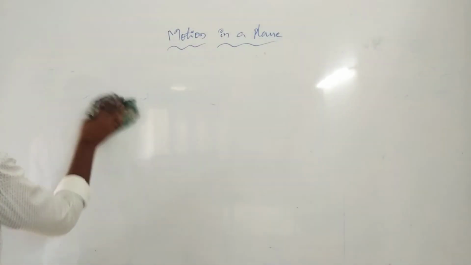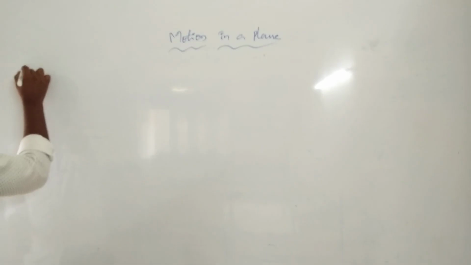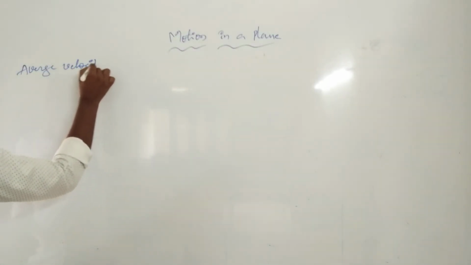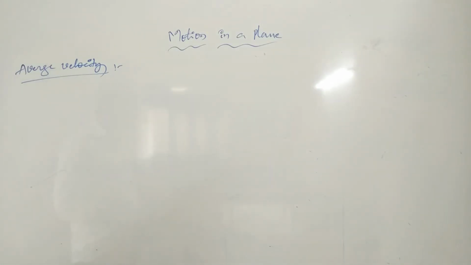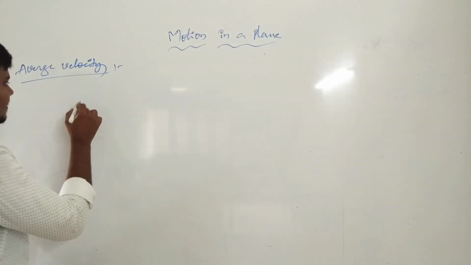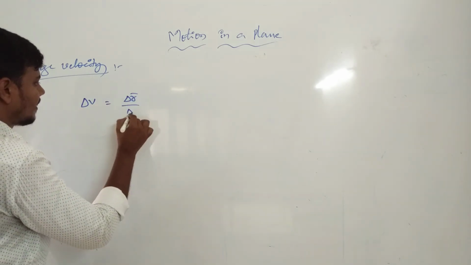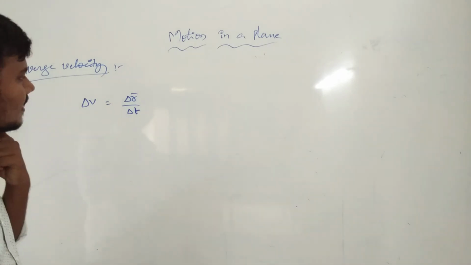Velocity v is equal to displacement by time period. Average velocity: since we are taking average velocity, delta v is equal to delta r bar by delta t. This is the function, delta r bar by delta t.